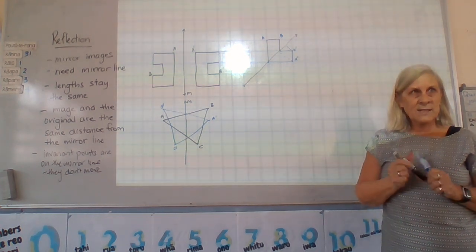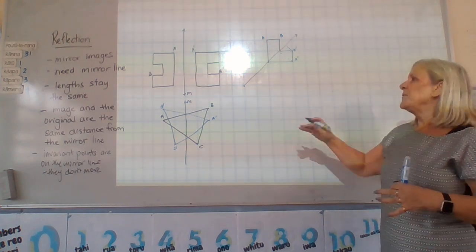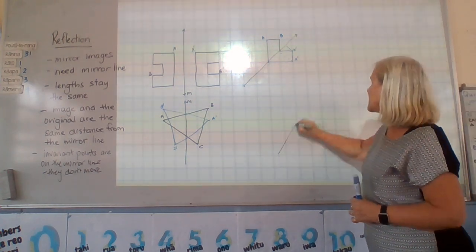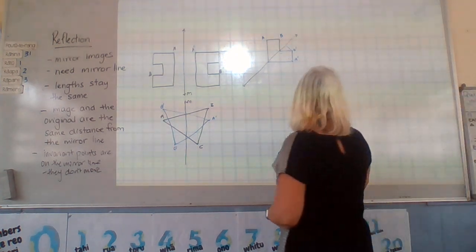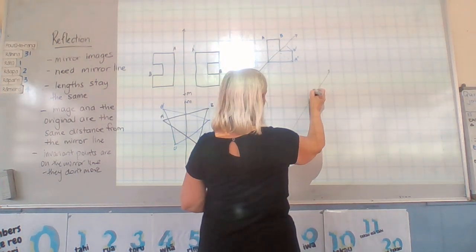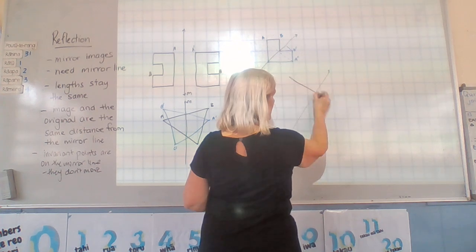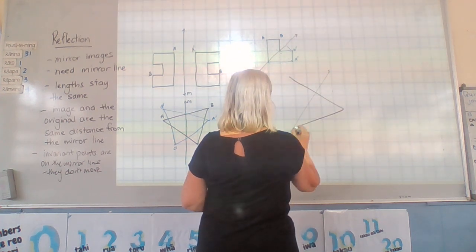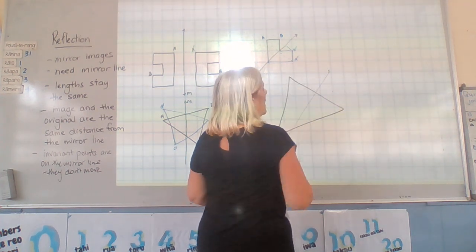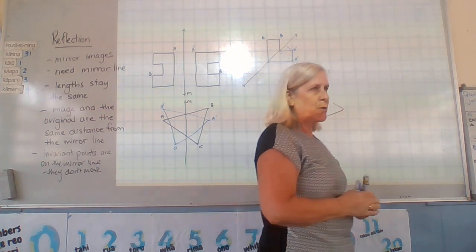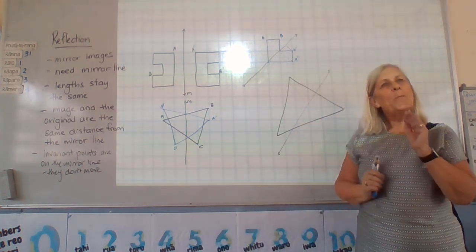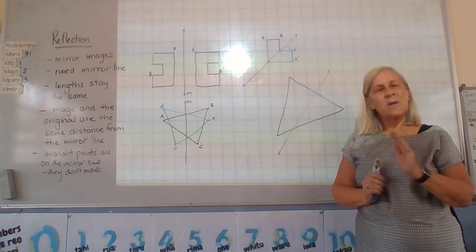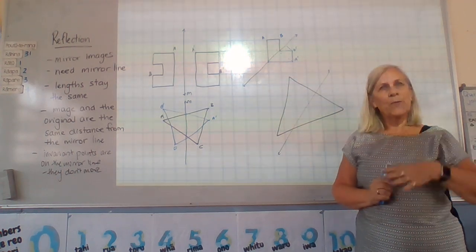So, next comes the tricky one. If there were no squares and I just decided this was the mirror line, and here was a shape, let's do a triangle again. Where does it go to? The thing that we have to realise is that we are going perpendicularly, that means at a right angle, through the mirror line.